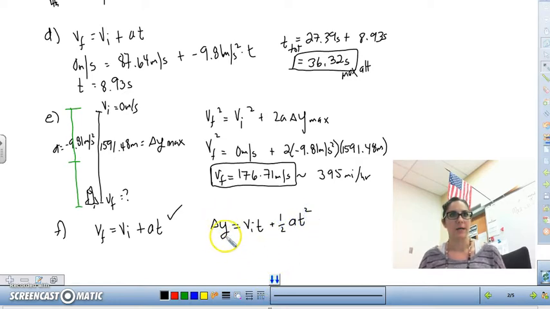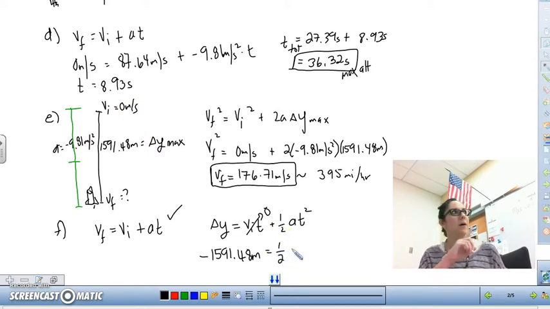So delta y is my position. In this case, I have fallen negative 1591.48 because I'm going down. This whole term goes to 0 because I start off with an initial velocity of 0. Then I have an acceleration right here.